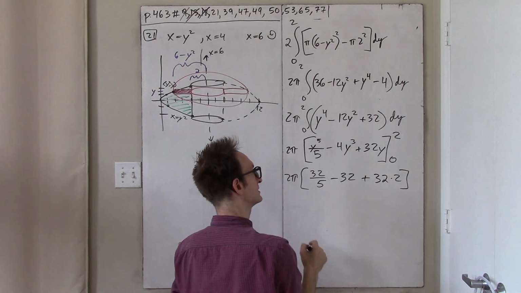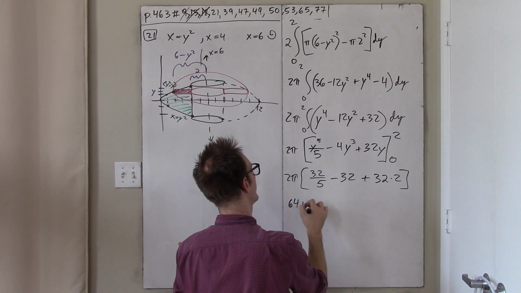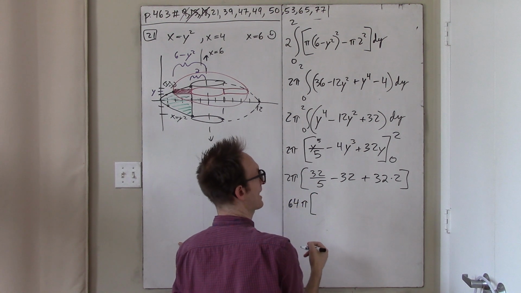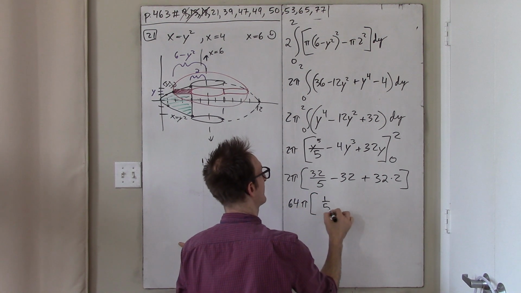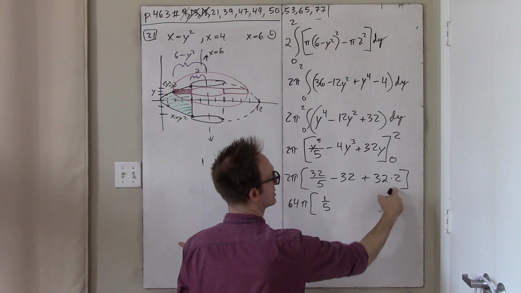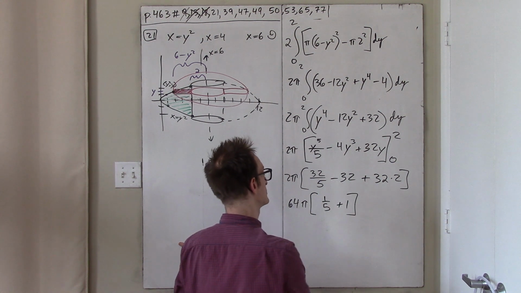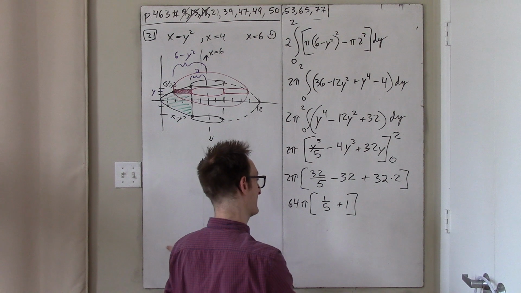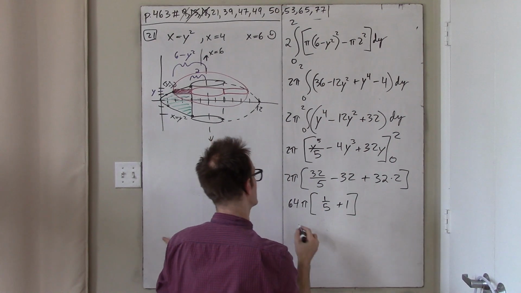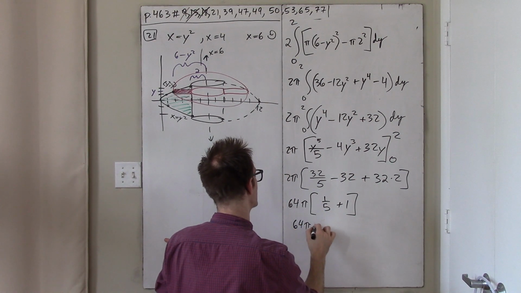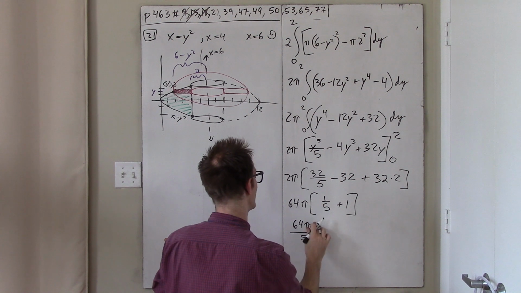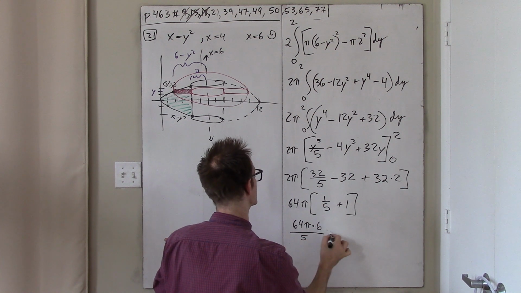The zeros make it all 0, so this is actually 64 pi times, pulling out a 32, 1/5 minus 1 plus 2, so just plus 1, so just 6/5 in fact. And so this is 64 pi times 6 over 5.